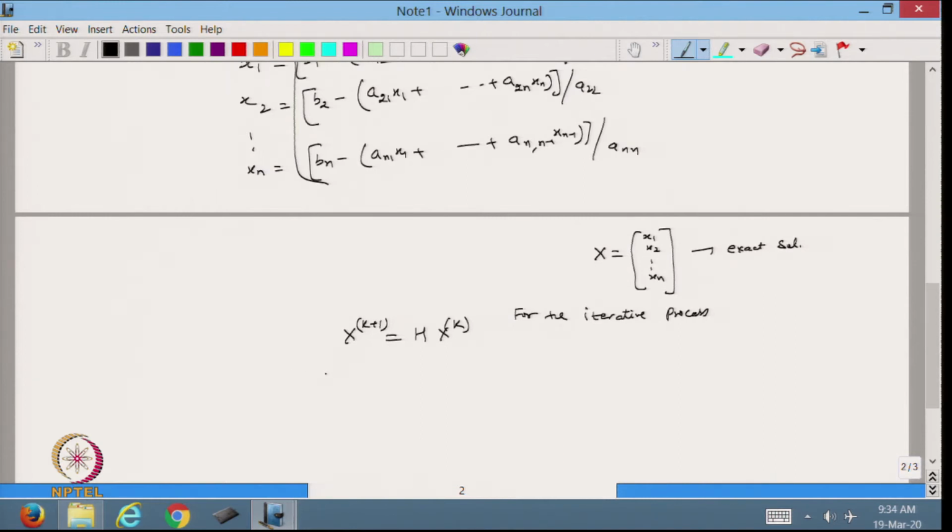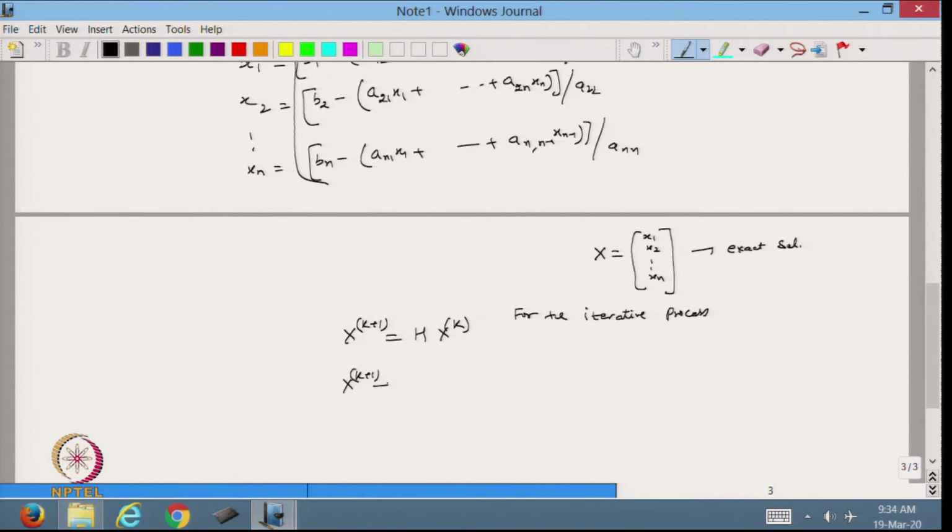from here I can define the term x k plus 1 minus x k. That is the difference between the x k plus 1 iteration and the x k iteration. It can be written as the vector with x1 k plus 1 up to xn k plus 1, minus another vector with x1 k and so on.